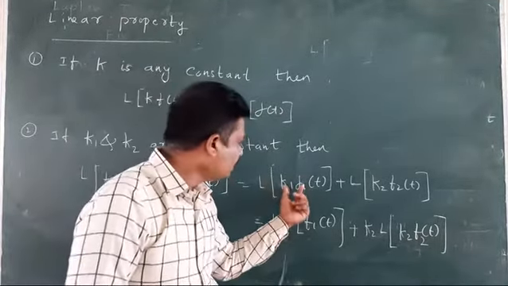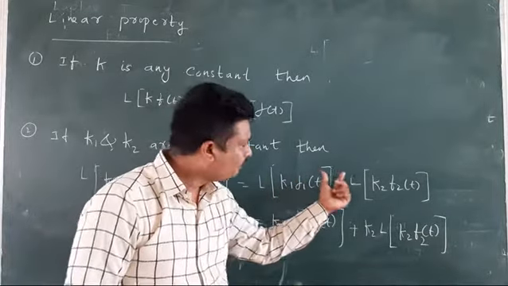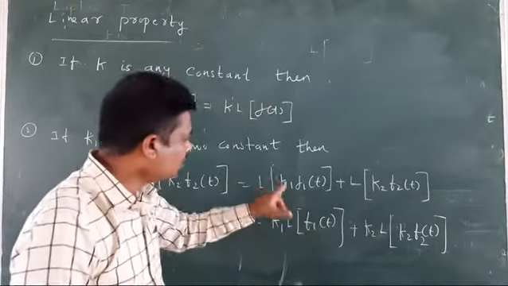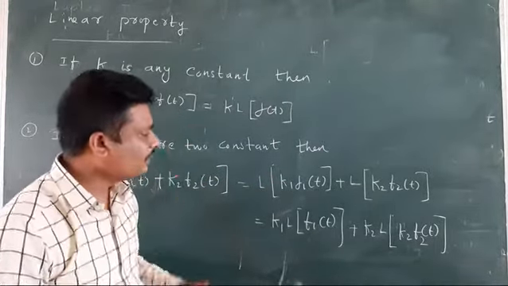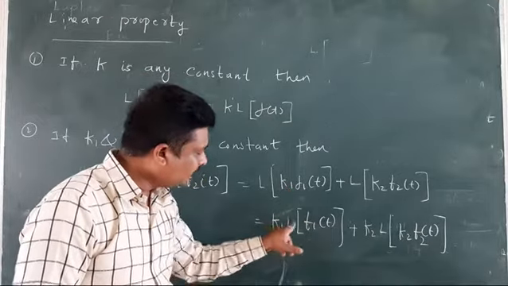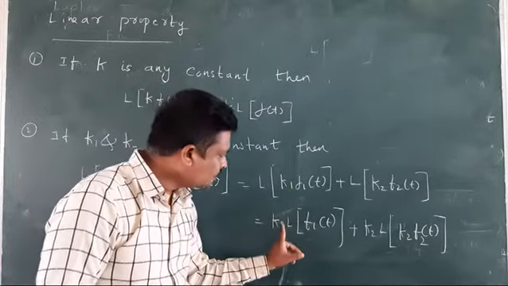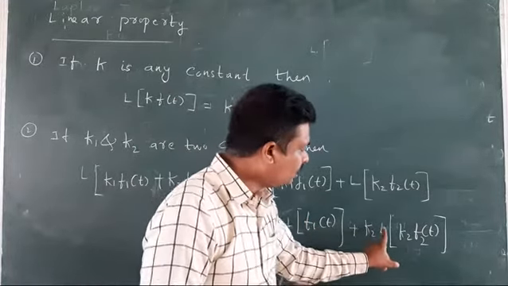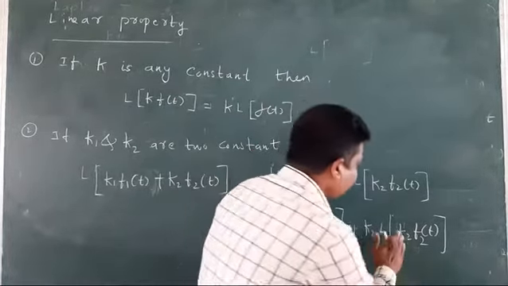So Laplace of k1 into f1 of t plus Laplace of k2 into f2 of t. So already in the first property we have seen, if k1 is the constant, write k1 outside the Laplace. So k1 into Laplace of f1 of t plus k2 into Laplace of f2 of t.